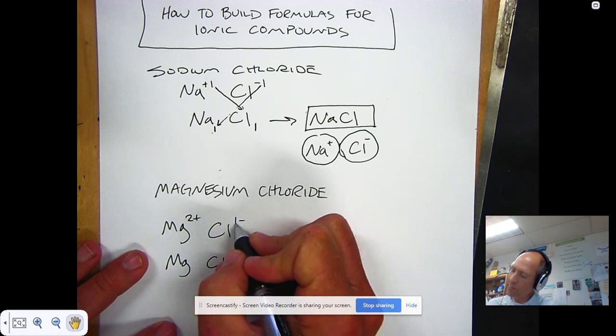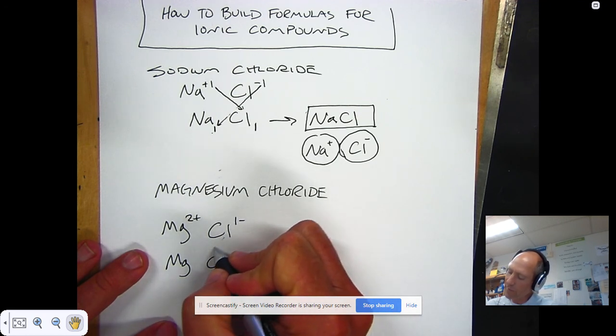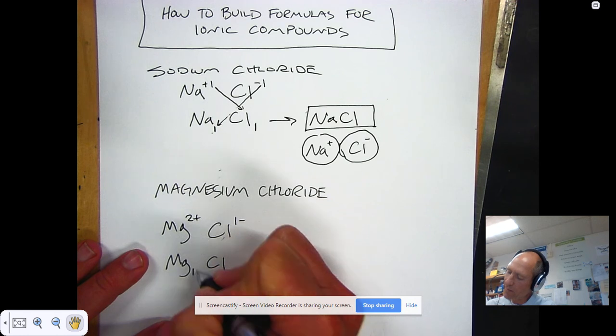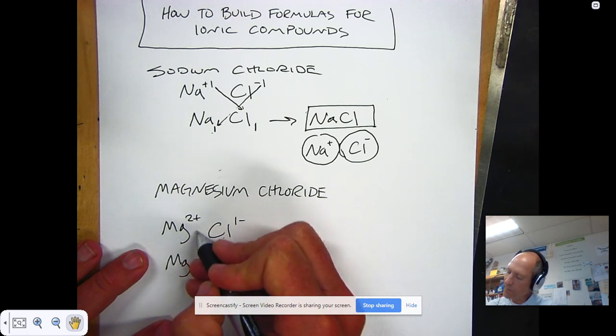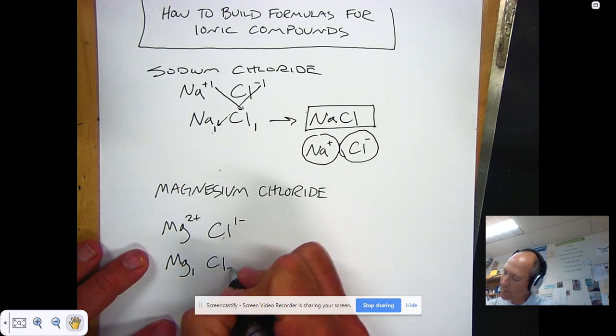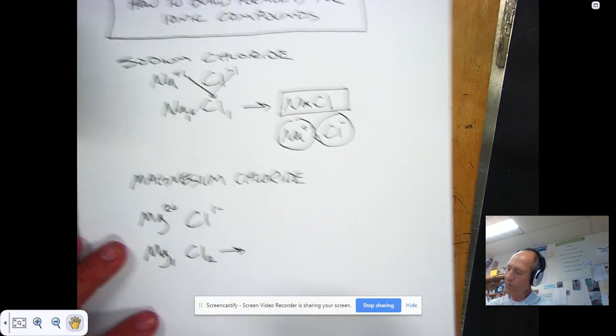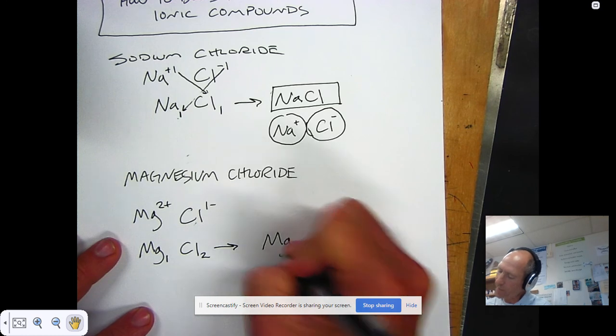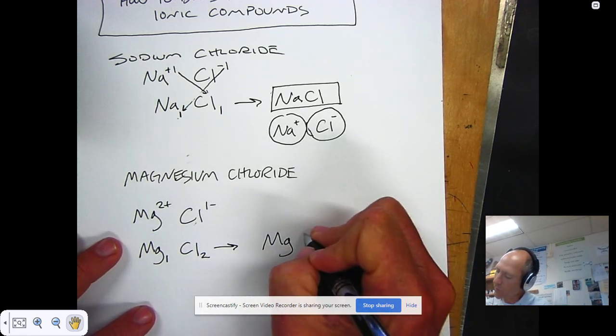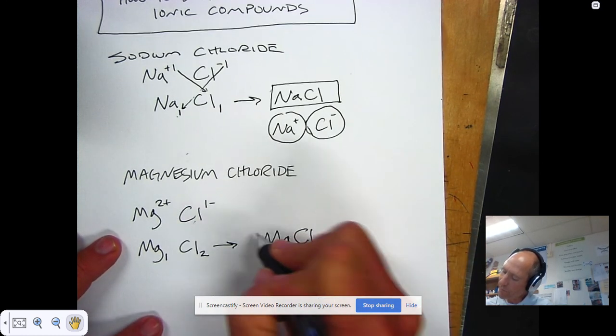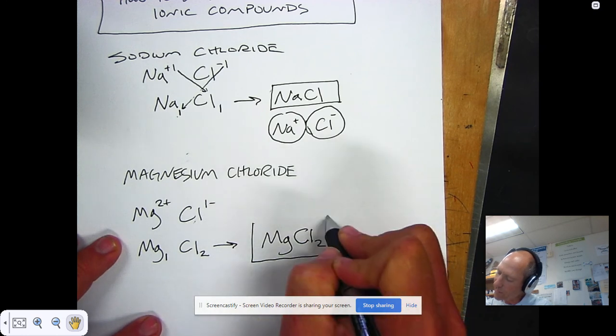I'm going to take the absolute value of this number and bring it down here. Take the absolute value of this number and bring it down here, like that. And then I'm going to drop any ones that I have. So the formula for magnesium chloride is going to be 1 magnesium for every 2 chlorides, like that.